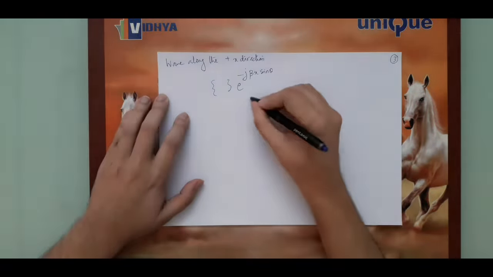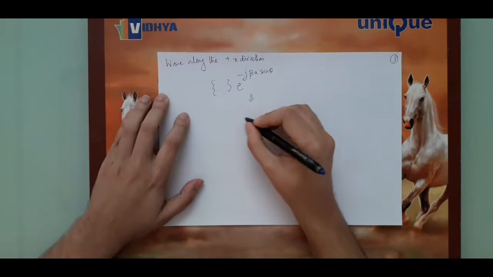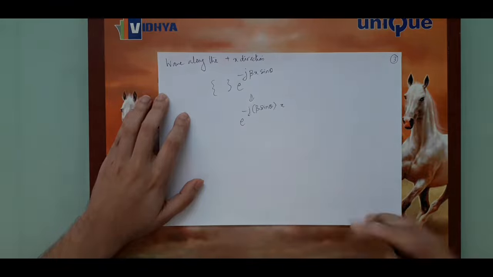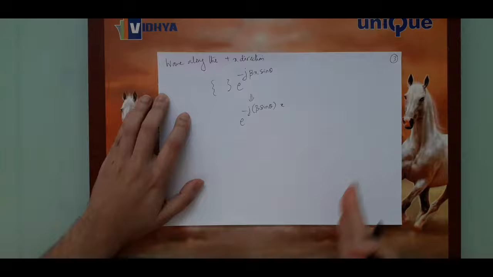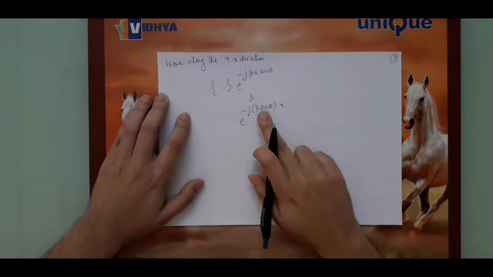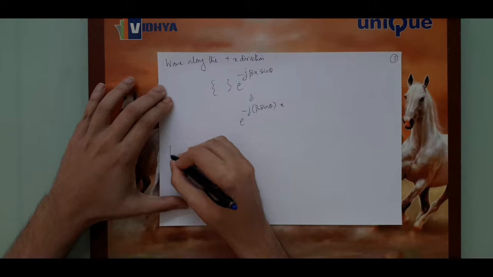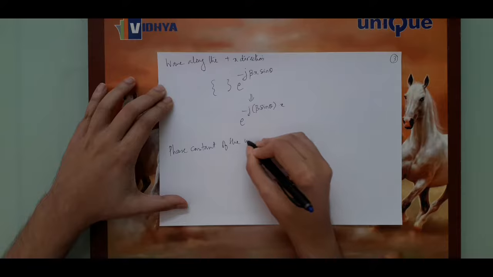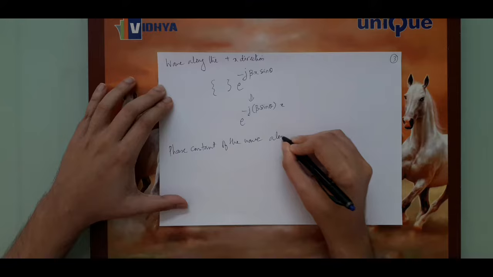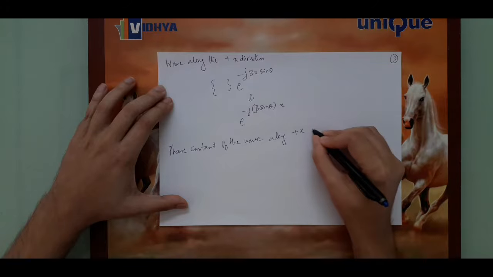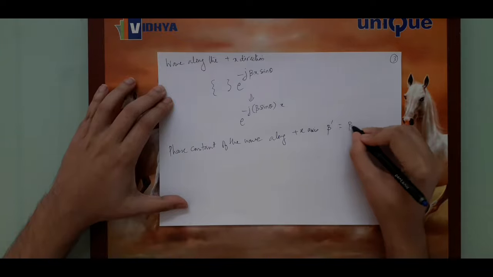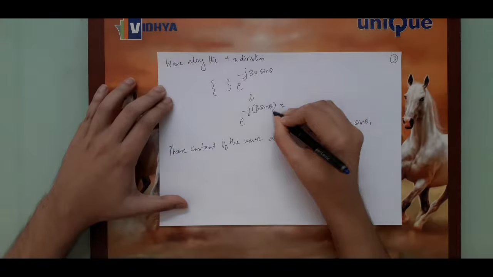So this I can write in the form of a propagation constant as e raised to minus j beta sine theta times x. Therefore, the wave that is traveling along the plus x direction has a phase constant of the wave along the plus x axis. Let's call it some beta prime, and that is beta times sine theta I.